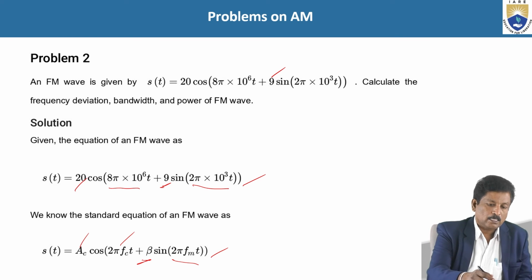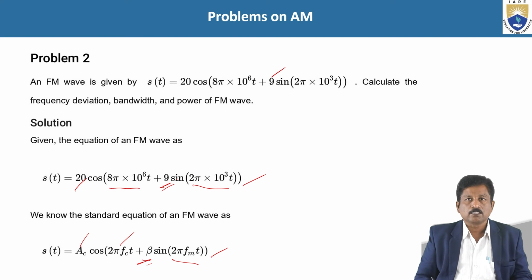In the second problem, beta is directly given as 9, which indicates that the modulation here is wideband FM only. With the amplitude of the carrier signal, the carrier frequency and the modulating signal, and the beta value 9, we can say that it is a wideband frequency modulation.